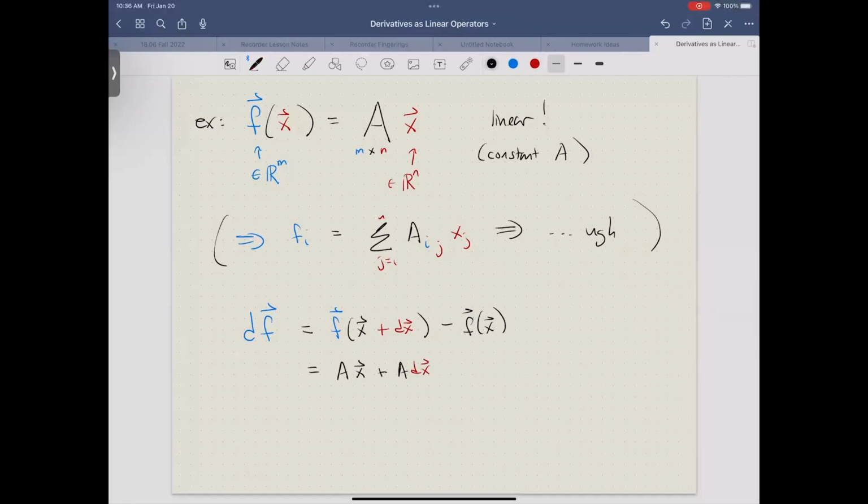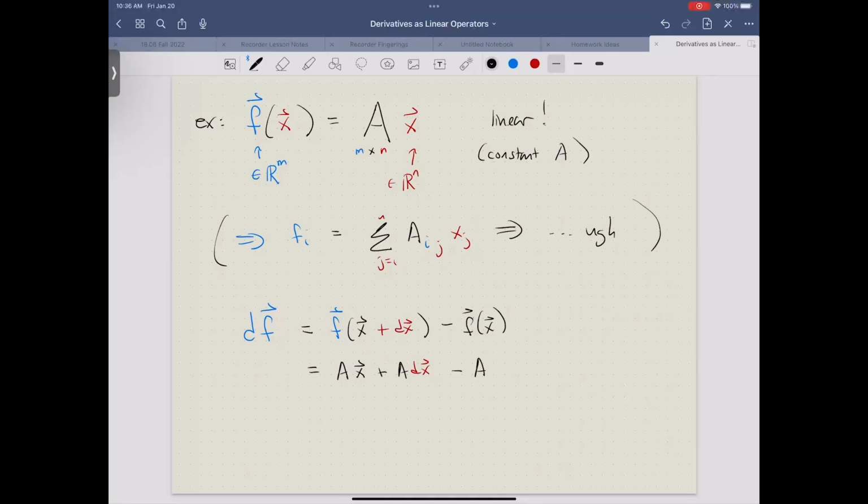Because this is a linear operation, I guess I skipped a step. A times x plus dx is Ax plus A dx, and minus f of x, which is Ax, these two terms cancel, and so what we get is just A dx, and this has to equal f prime of x dx.